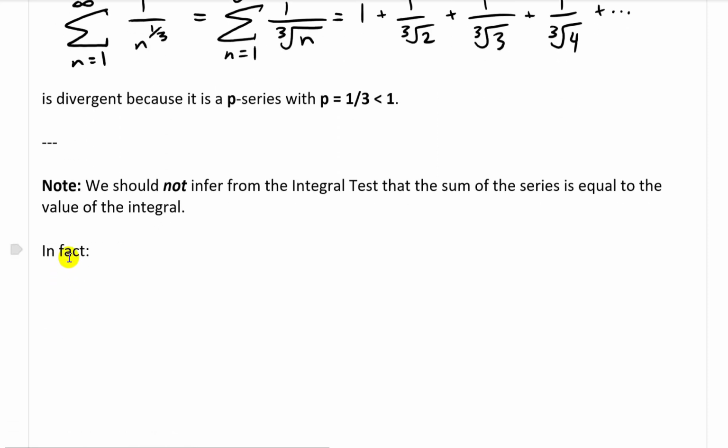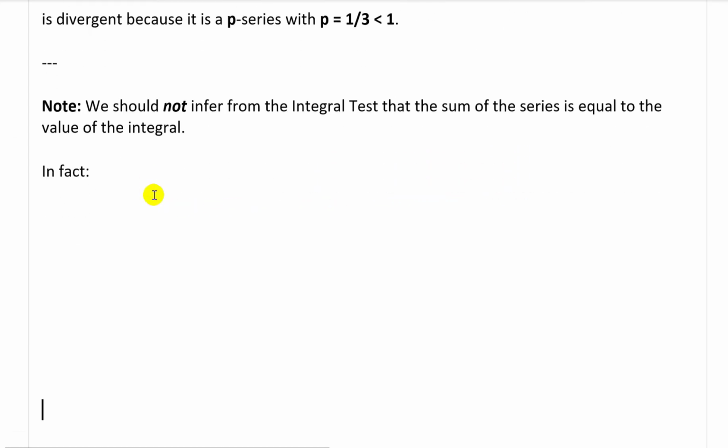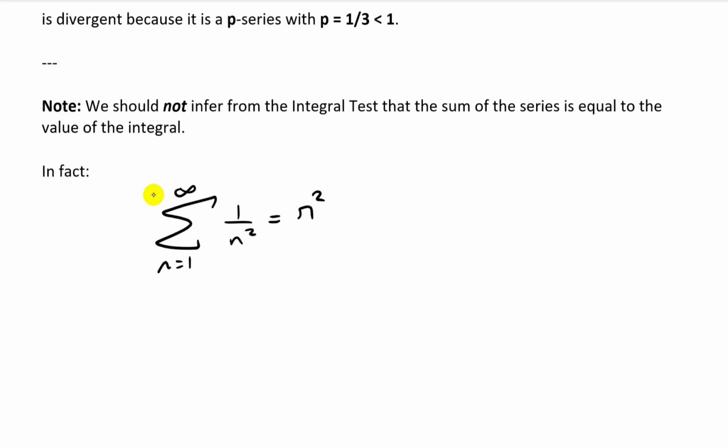And I want to make a note that we should not infer from the integral test that the sum of the series is equal to the value of the integral. In fact, as I stated earlier, and will prove in a much later video, the summation from n equals 1 to infinity of 1 over n squared is equal to pi squared over 6, whereas the integral from 1 to infinity of 1 over x squared dx is way off. It is actually just equal to 1.